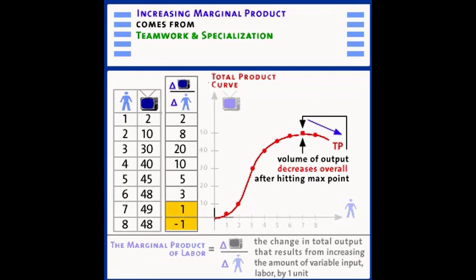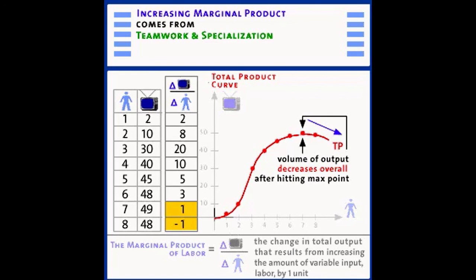So, as a quick summary, when you draw this S-shaped total product curve, you are summarizing the assumptions that economists usually make about technology: that for a firm that has fixed inputs and alters its output by changing only one input, say labor, you usually have a region of teamwork and specialization where marginal product is increasing and the curve is convex, followed by a region where marginal product is decreasing, but still positive.